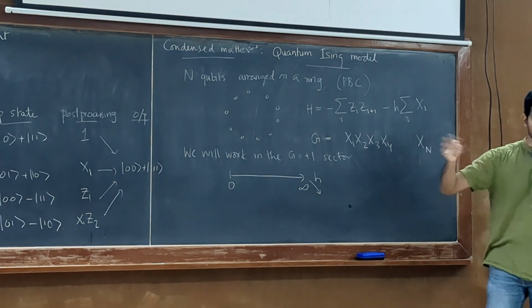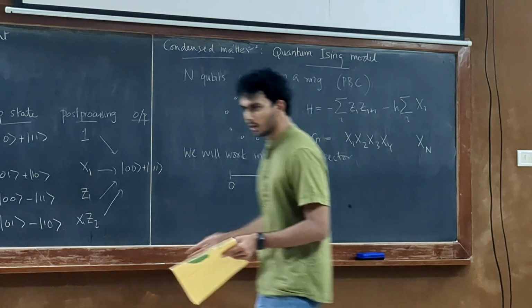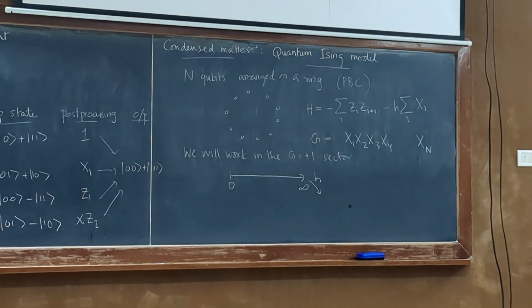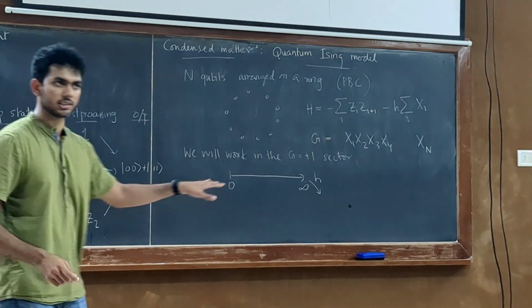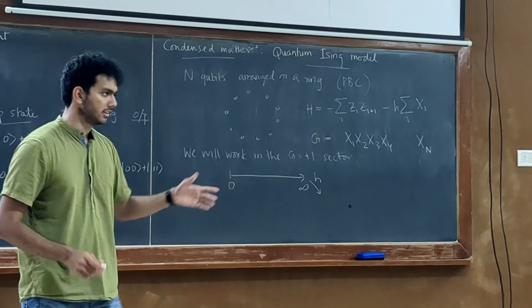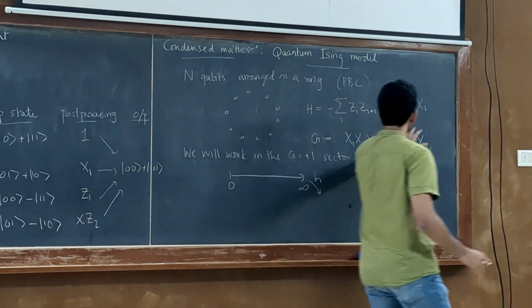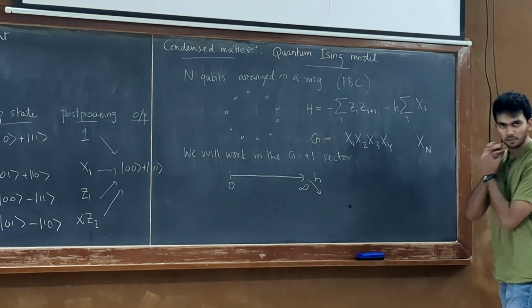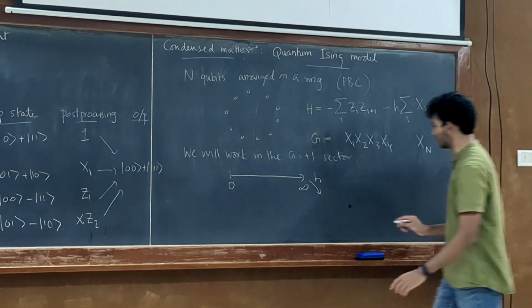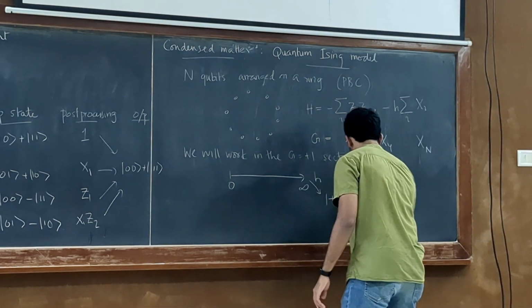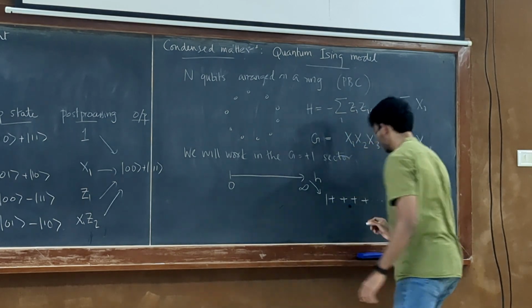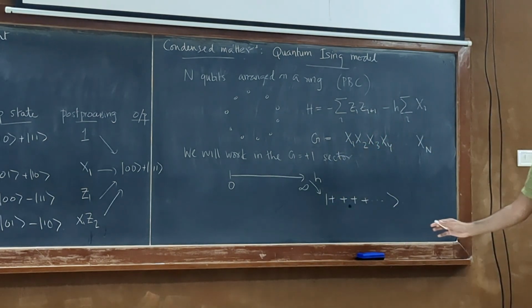This term basically has no say in the matter. So I want you to tell me what the ground state looks like in the h going to infinity limit. Yeah, exactly. So it wants to make this term happy. So basically, every qubit is independently pointing in the plus direction. And you can denote the state in the following.